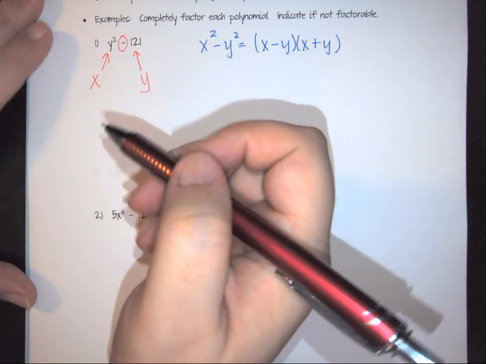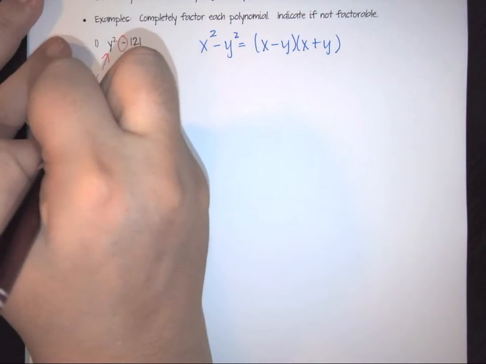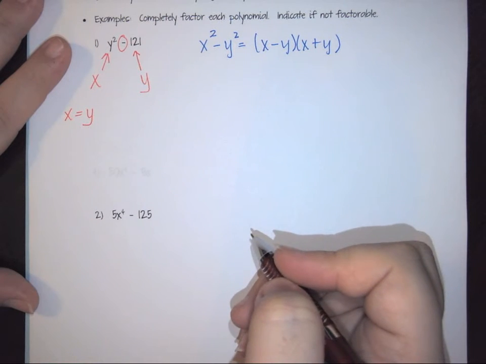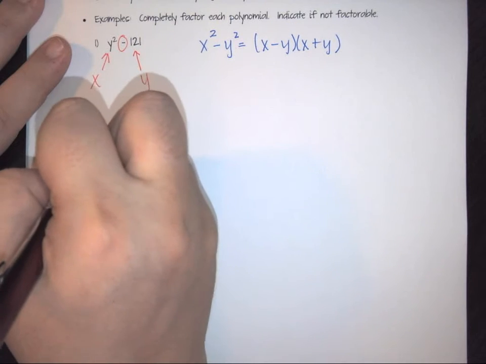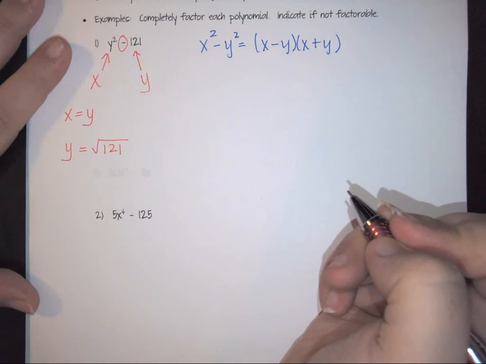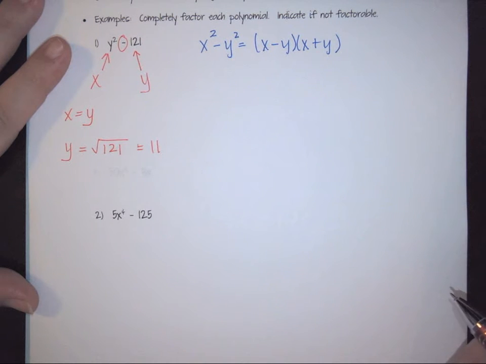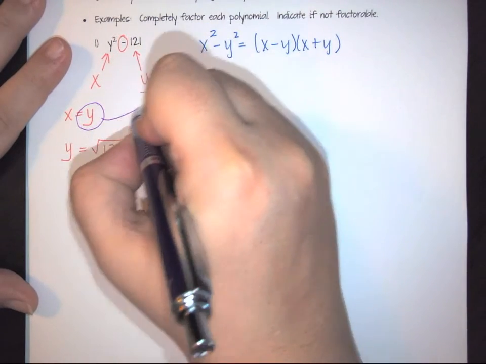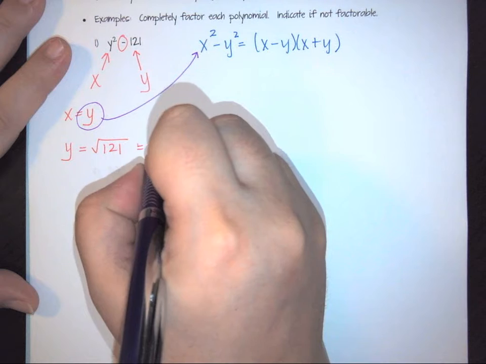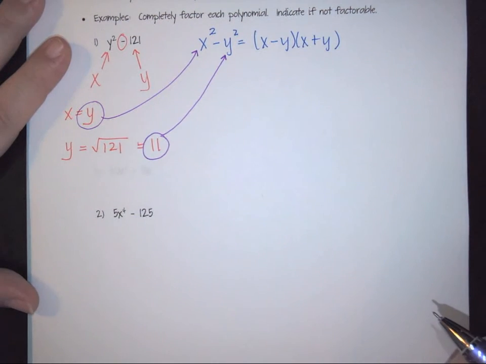So here what I actually have is that my x term is going to be represented by y, and then my y term is going to be represented by the square root of 121. So if we take the square root of 121, we get 11. So now what we have to do is take this y and plug it in for the x, and then take this 11 and plug this in for my y.